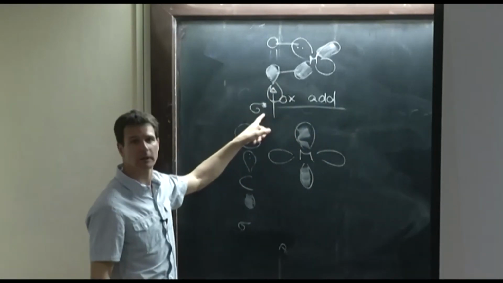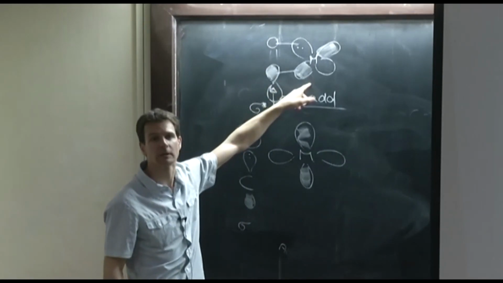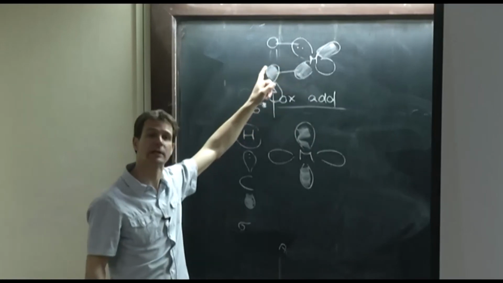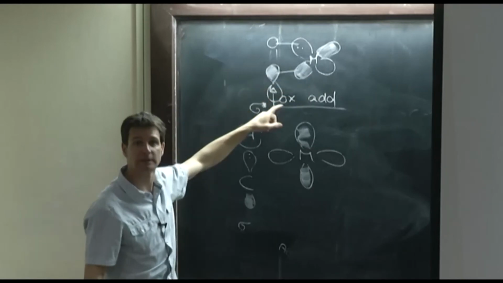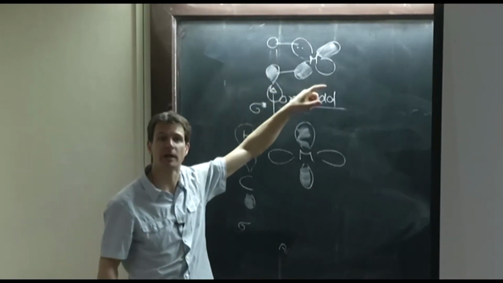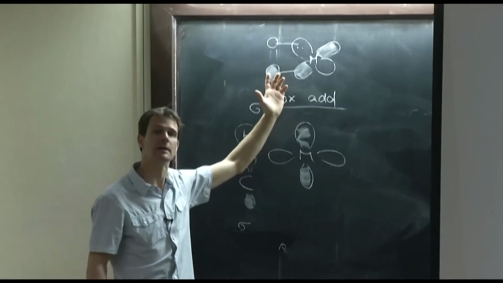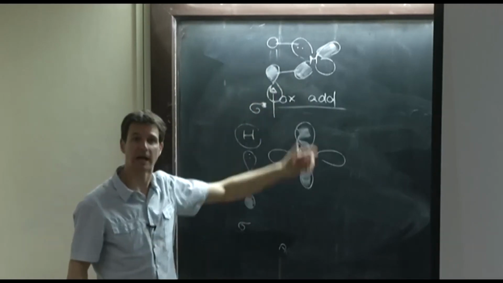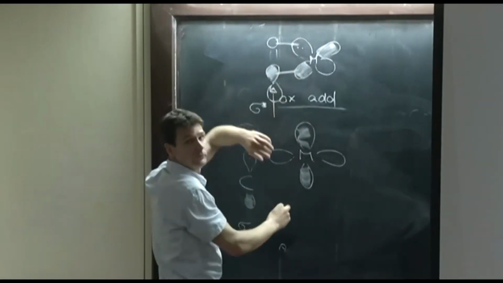The sigma star orbital of the CH bond gets populated by the filled d orbital of the metal. So now we have two other electrons that start to interact with the CH bond. So in total we have 4 electrons that start to interact with the CH-metal triangle. There's more electron density in this construction, and so we have an oxidative addition. This cleaves, and we form 2 new bonds.